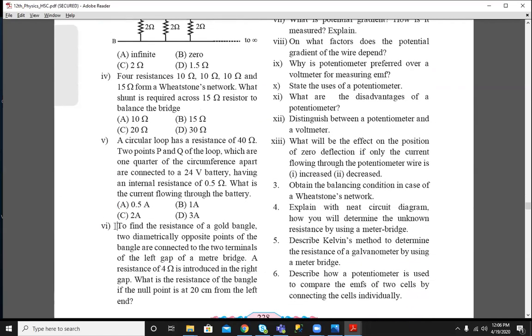There is a problem in MCQ on meter bridge. What is written here?